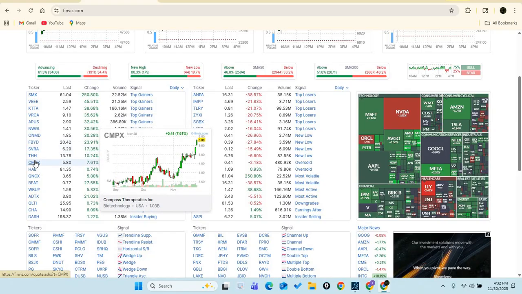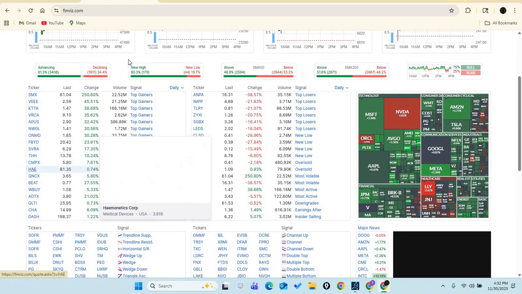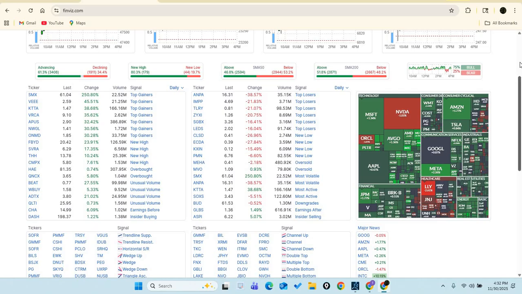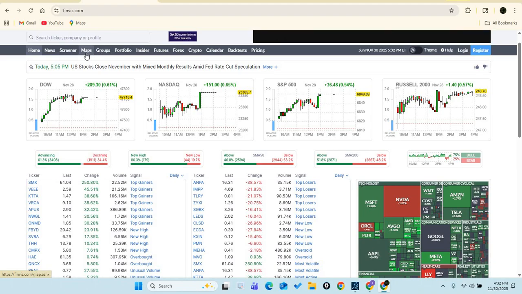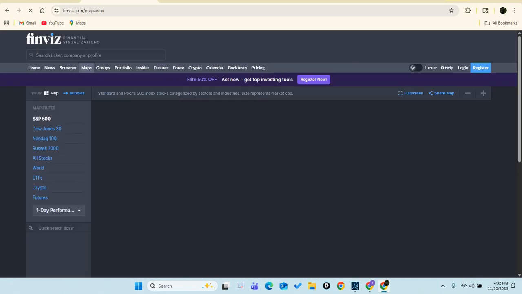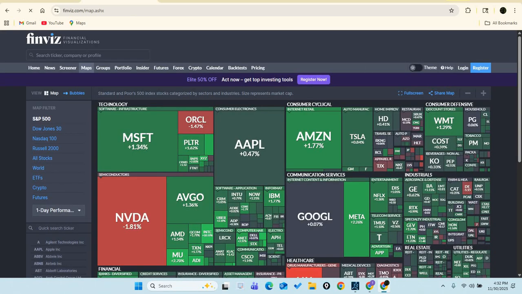But this is not really what I'm here for. You can even do different settings, like maps, where you can just look at the whole thing right here.